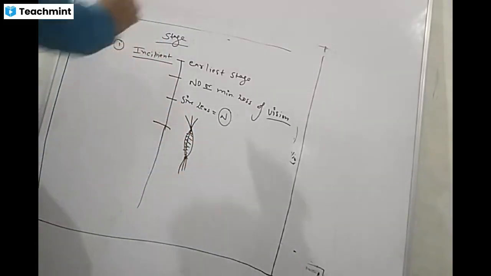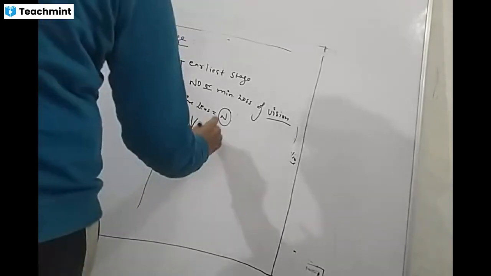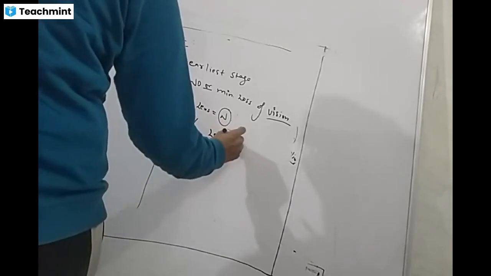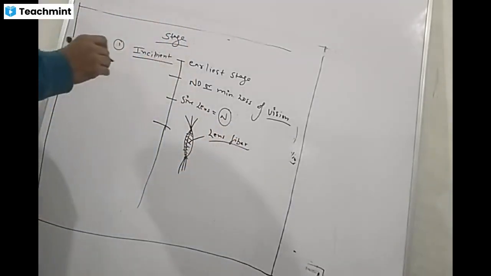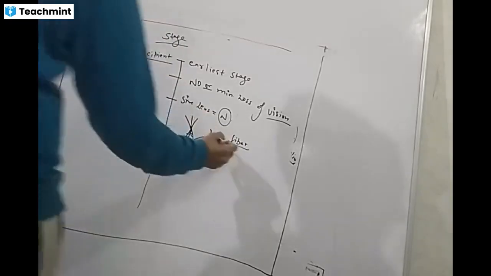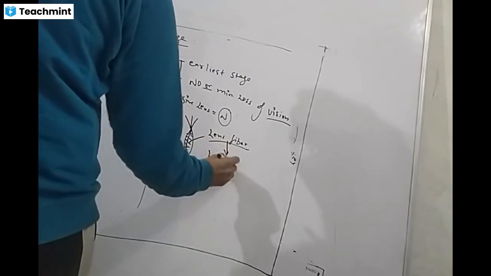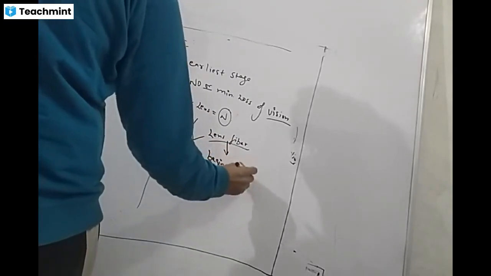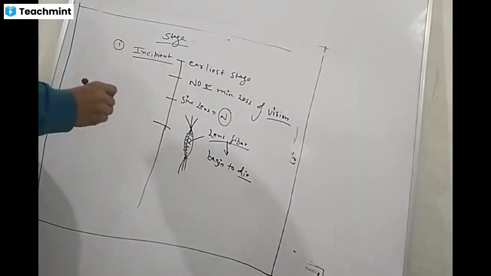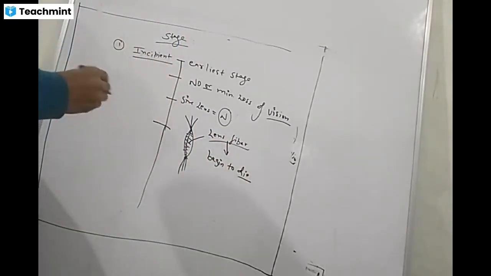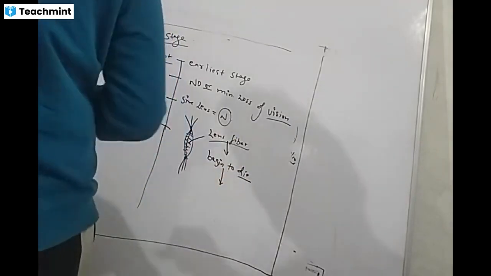So what happens in incipient stage, these lens fibers which are inside the lens begin to die. Lens fiber begin to die. Then if lens fiber begin to die, then what will happen?